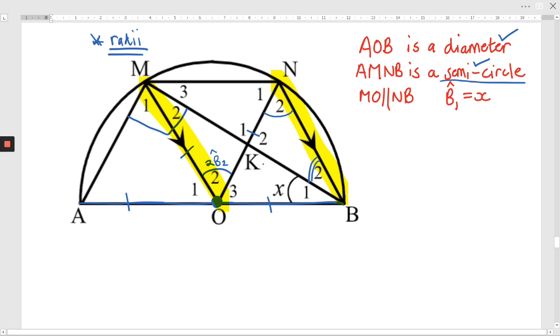B2 will be the same as M2, this little one here, the one that's within the 90. Two sets of alternate angles. Be careful now not to see MN as parallel to OB. I mean, it might well be, but we can't prove it. And we don't have to yet. Okay, B1 is X. Good, yes, got that, going over the X.